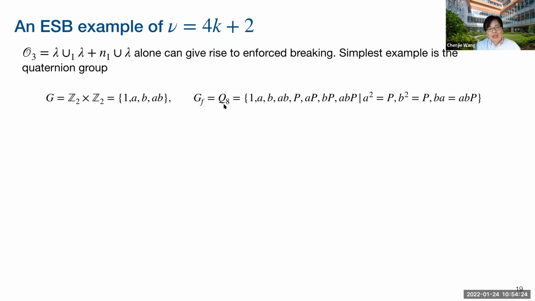After we include the fermion parity, the important thing is that A square becomes, instead of 1, the fermion parity. B square also becomes fermion parity, and the commutation relation, originally it's an abelian group so they commute, also gets multiplied by the fermion parity.